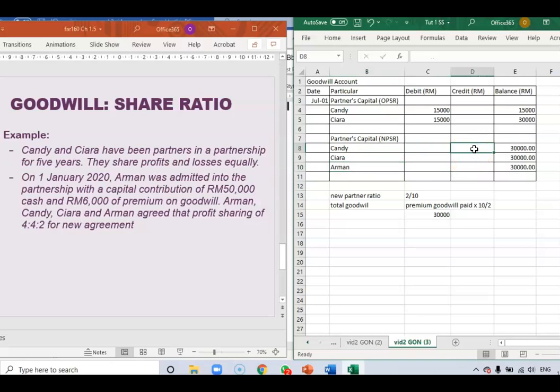So on the credit side of Goodwill account, Candy shared 40%, the same with Sierra. However, Arman is on the share of 20%.